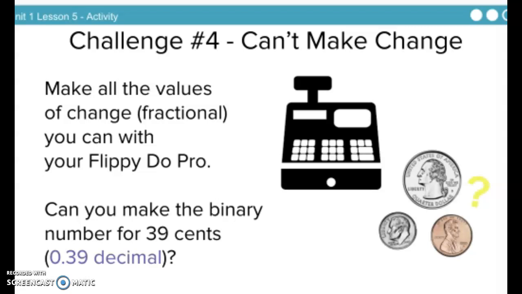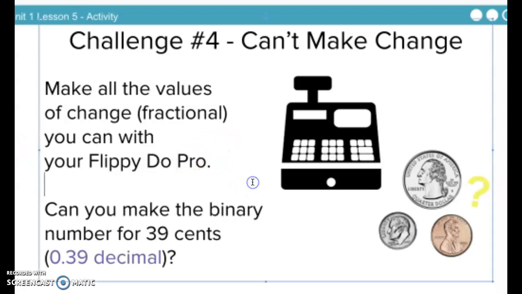If you were to try and make 39 cents in binary, it can't be done with the values that we have available in the Flippy Do Pro. So it's kind of just like going back to the cash register where you only got dimes. You can't give change in pennies or in nickels because you only have dimes. It's the same idea. We move along.